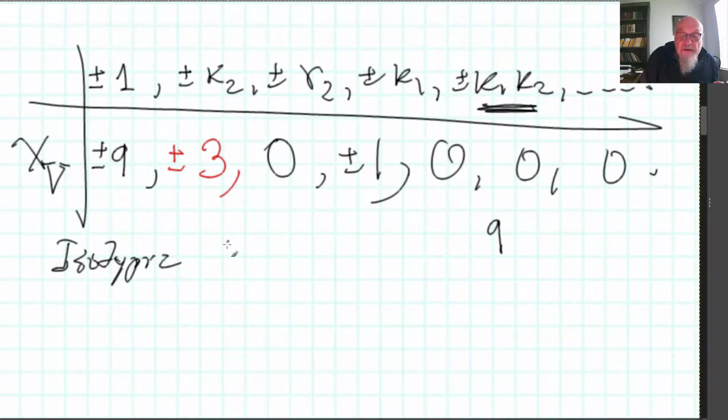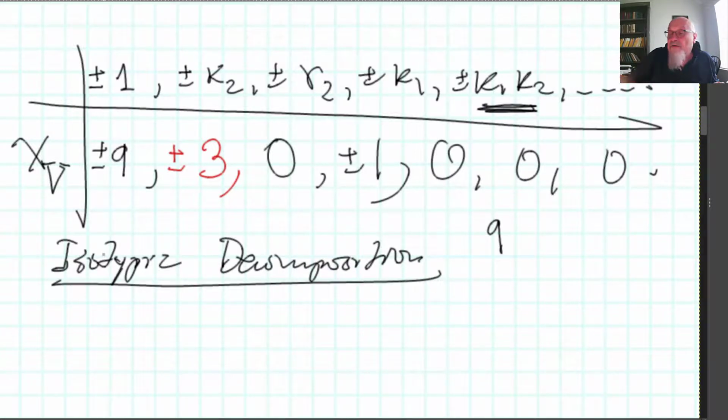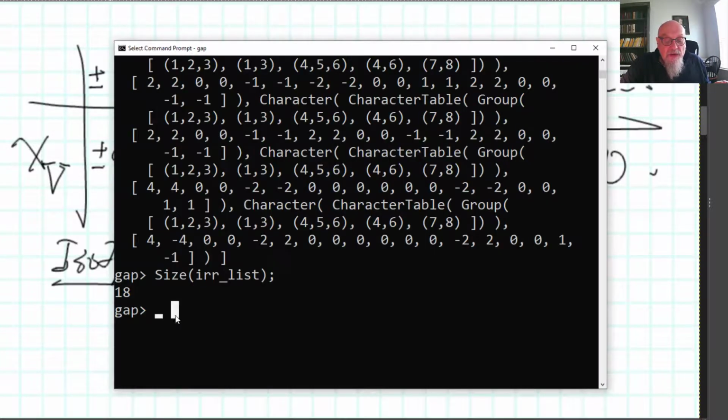Isotypic decomposition. And I can do it. Can you imagine? We can do it very easily. Namely, let me do it. So first of all, I already know this vector, so put it like this. This vector is equal to, and I have the coordinates. So first is 9 minus 9, 18 coordinates. Then I have here 3 minus 3, 3 minus 3.